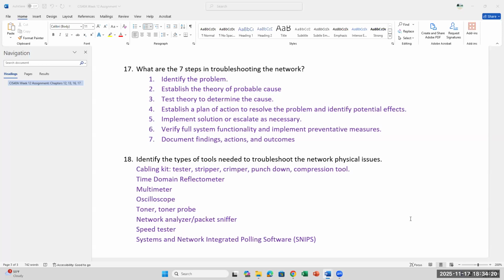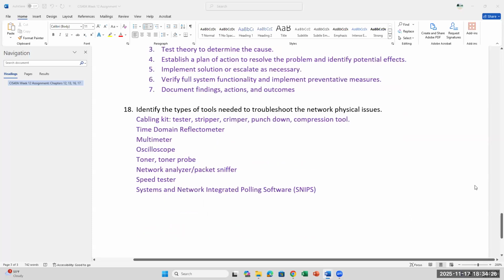So make sure that you have a speed tester, and then your system and network integrated polling software, your SNMP. We have to incorporate this with network management protocol, your Simple Network Management Protocol, and there are open source tools and there are proprietary tools. Never, okay, listen again, never use pirated software in a business environment.